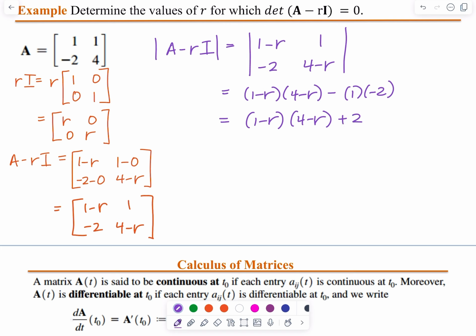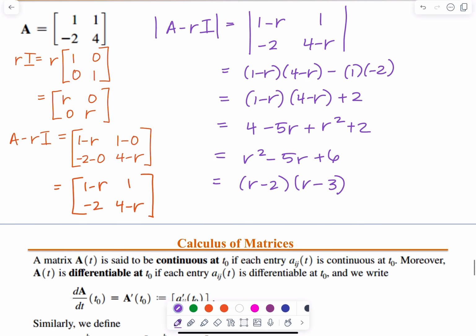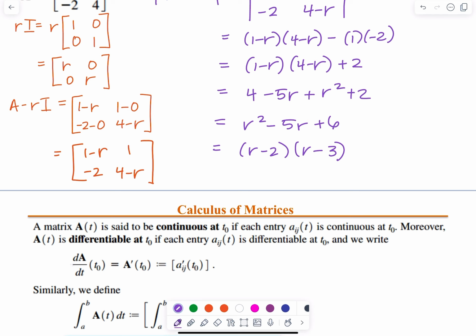And if we multiply that out, we end up with r squared minus 5r plus 6, and that is equal to (r minus 2)(r minus 3), and we have a quadratic equation. So r is equal to 2, and r is equal to 3.